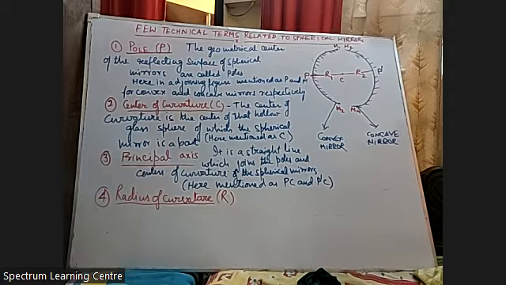Sir, it is the center of hollow glass sphere from which the spherical mirrors are made. Correct. Now, what should be the radius of curvature then?